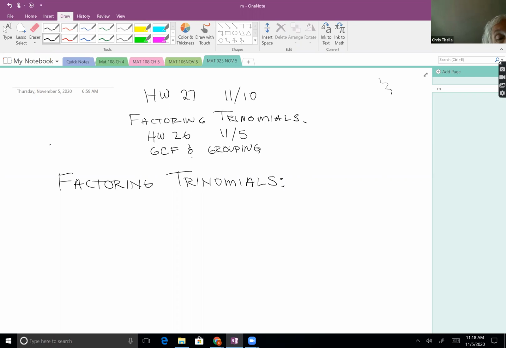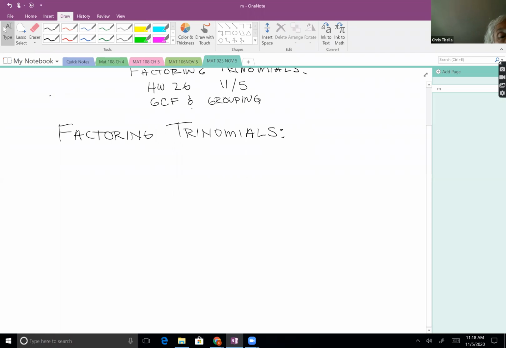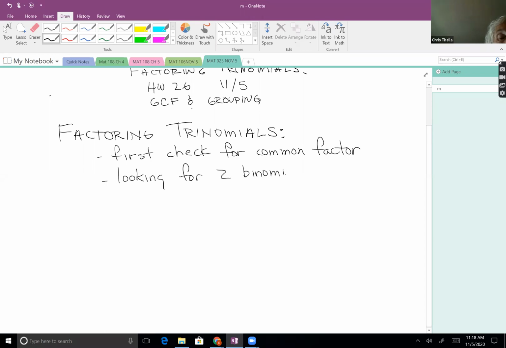And again, when I factor a trinomial, I'm always going to first check for a common factor. If there is a common factor, we'll take it out. But then after that, I'm looking for two binomials that multiply to that trinomial.